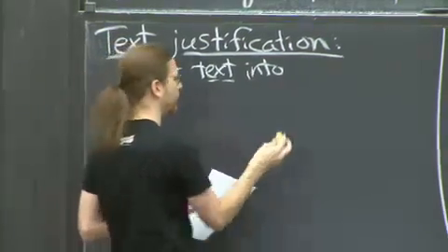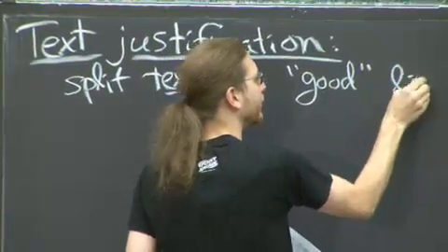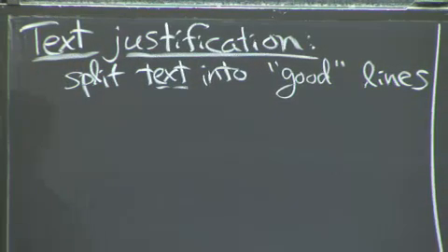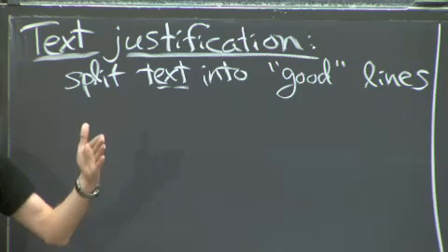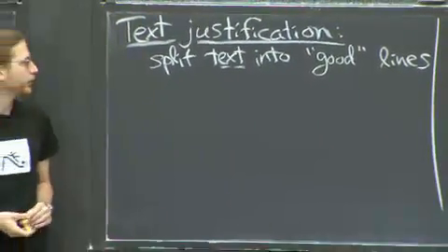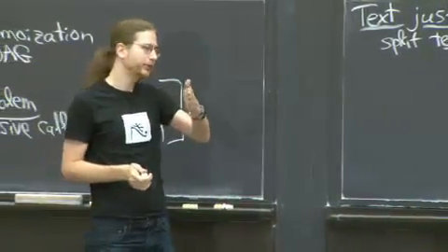And we want to split them into good lines. The rules of the game here are, like in the early lectures on document distance, we have some definition of splitting a document into words separated by spaces. And we can only cut between word boundaries.